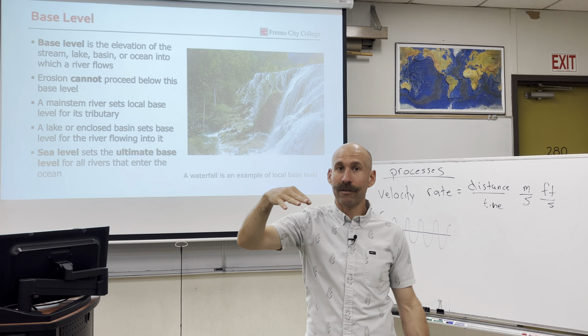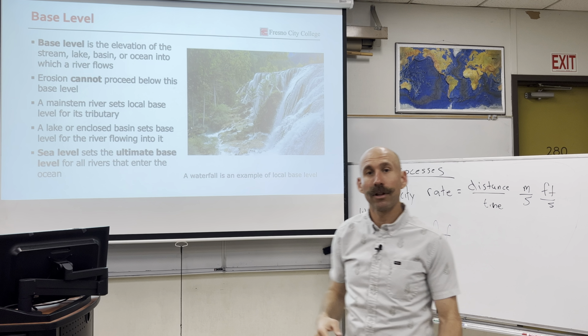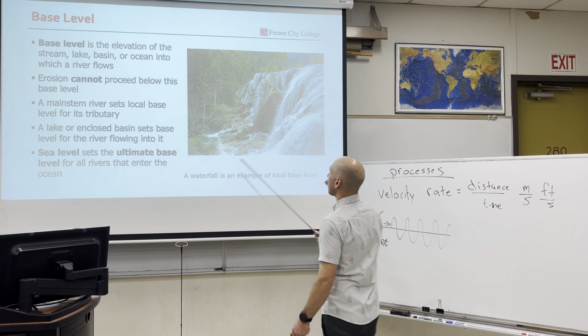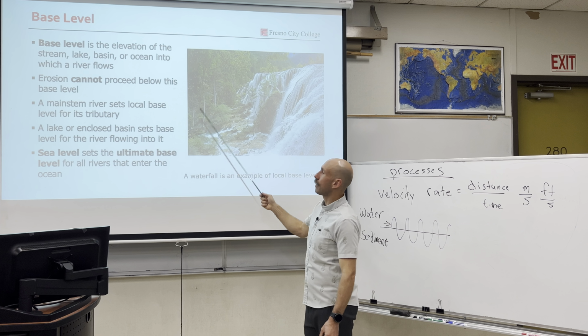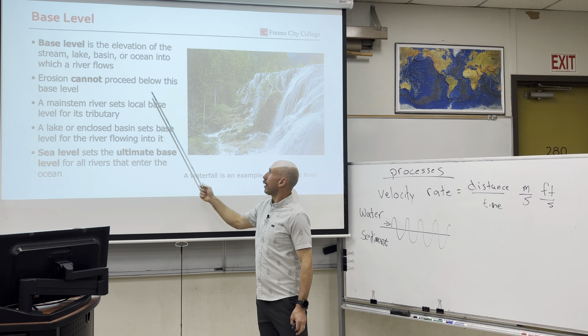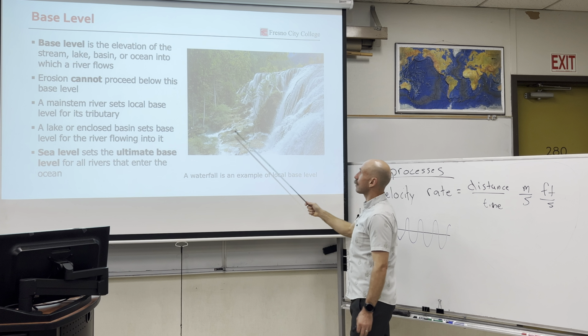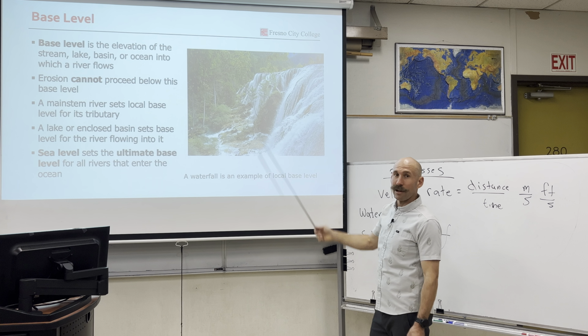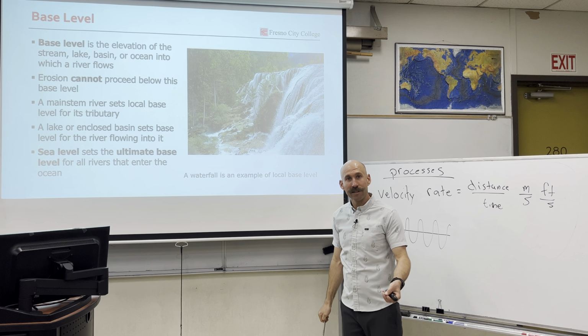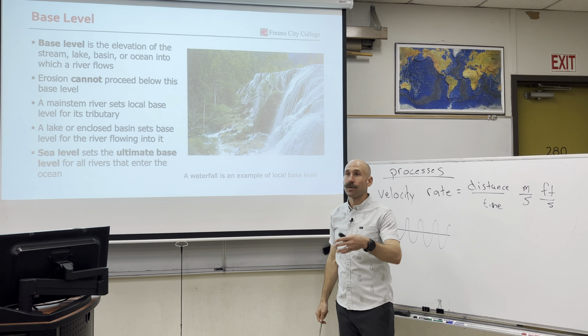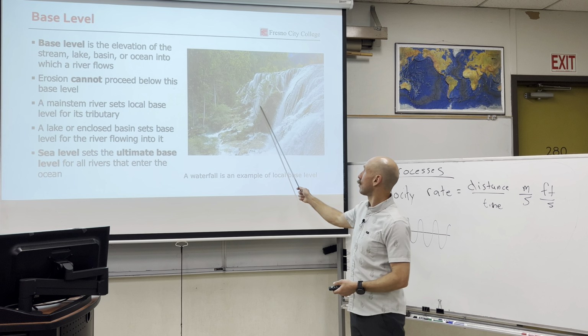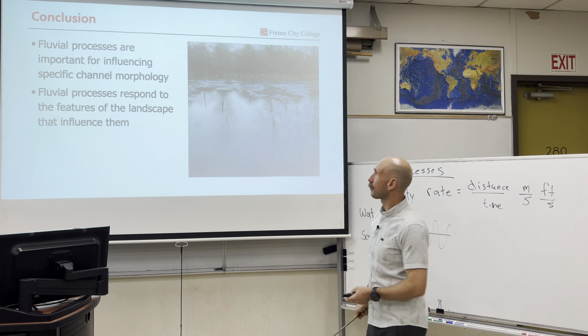Rivers aren't carving down below sea level. So sea level is the ultimate base level. There can be periodic base levels in the form of lakes or waterfalls, and the rivers will adjust in response to these localized base levels.